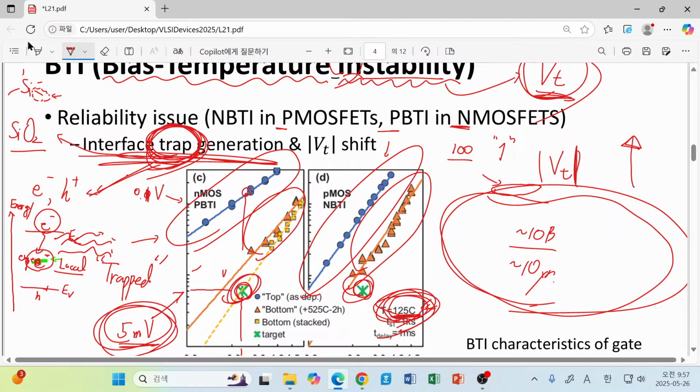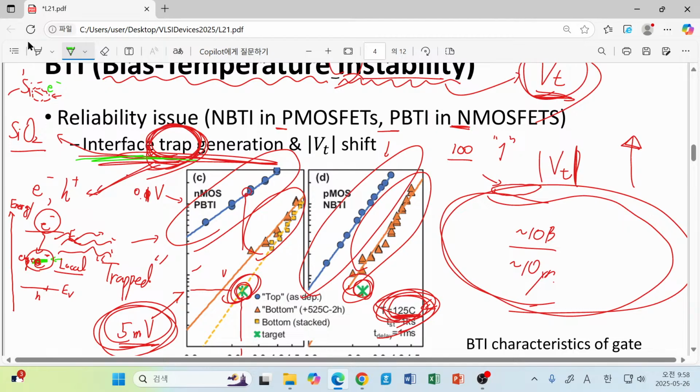In this case, instead of being connected to other atoms, it can capture one electron or once again release this electron. So usually people say that this kind of physical structure is the physical origin of an interface trap.